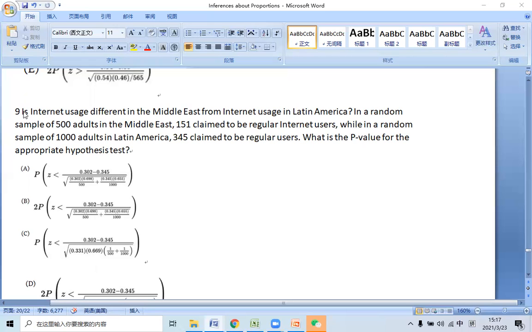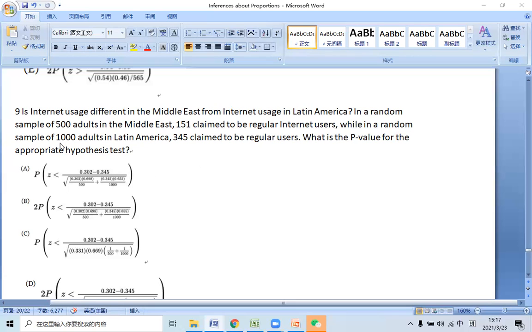Yeah, let's look at this example. You're comparing two regions, Middle East versus Latin America, and you have two samples. One sample from the Middle East, 500 adults, and 151 claim to be regular users.